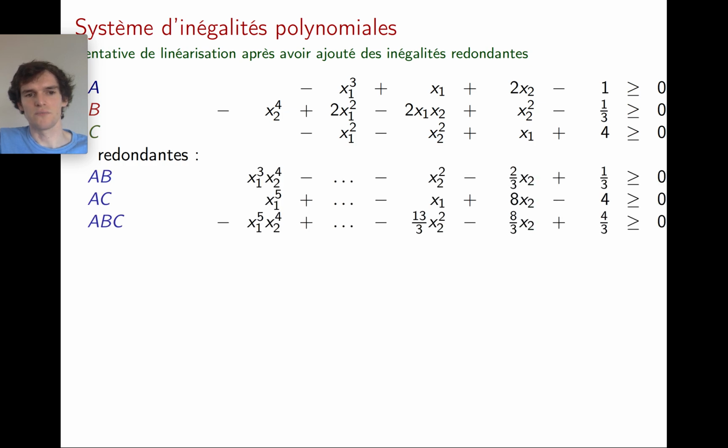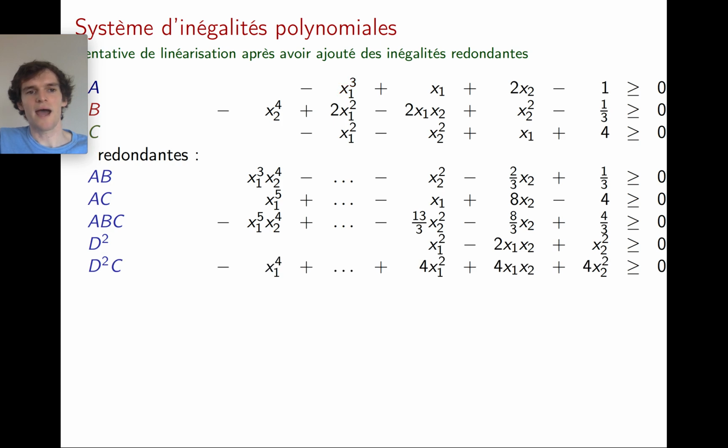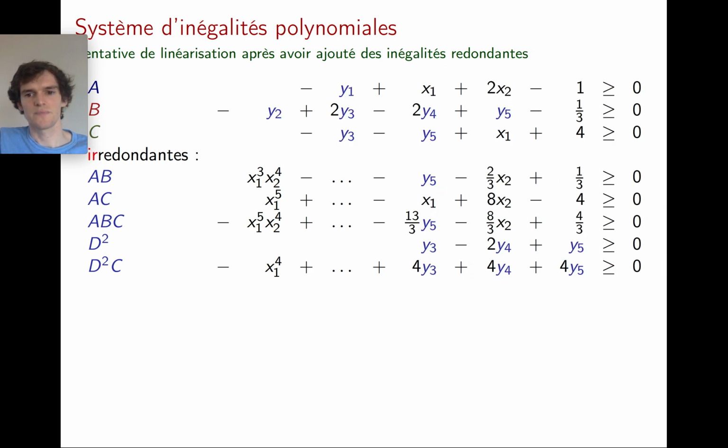So let's multiply basically the first and the second, the first and the third, and then multiply all of them together, and take the square. Okay, and then now let's do this linearization trick. So let's replace all the monomials by these new lifted variables.